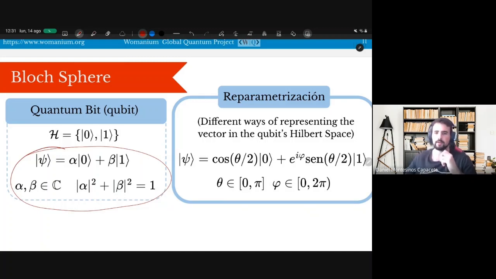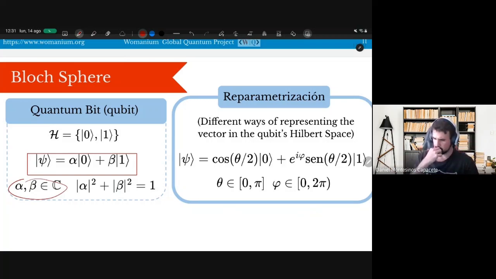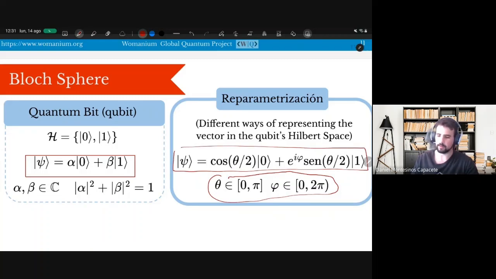There is another way of writing the very same linear combination, but using another type of coordinates, because now you have alpha and beta, which can be any complex number. For example, instead of using alpha and beta, we could use these angles, and we write down the qubit in this way.